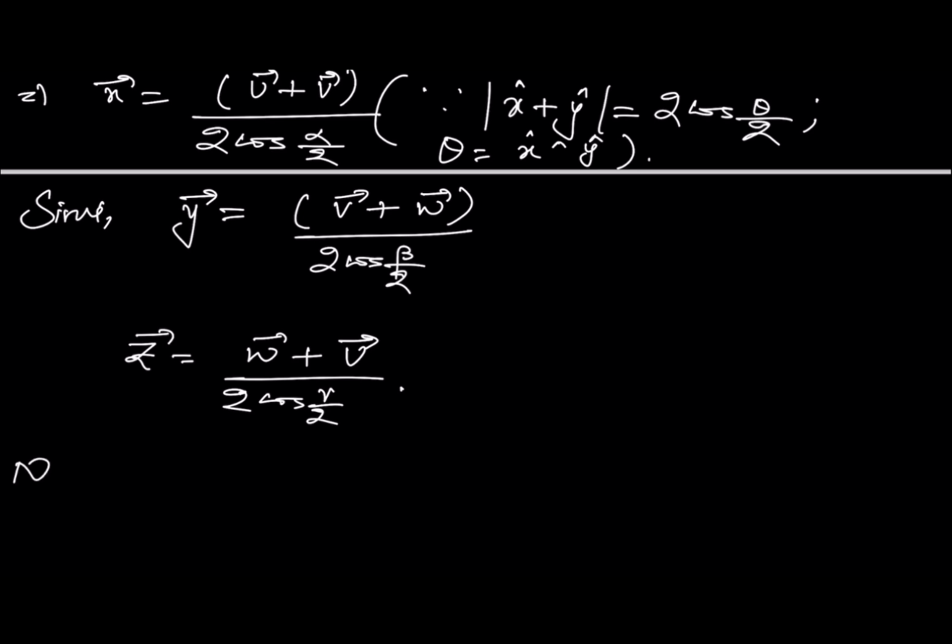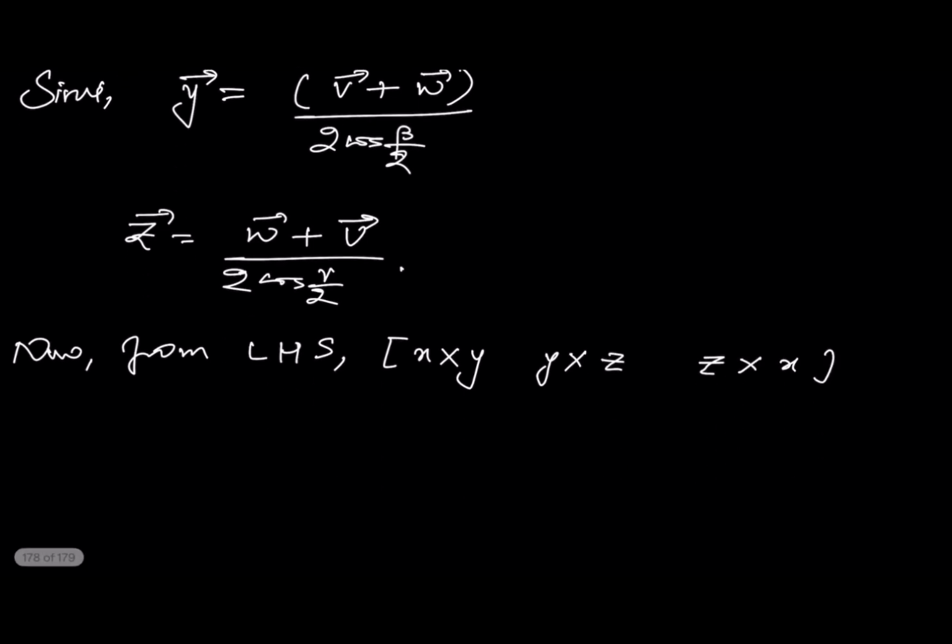Now from LHS, that is box of x cross y, y cross z and z cross x, right?